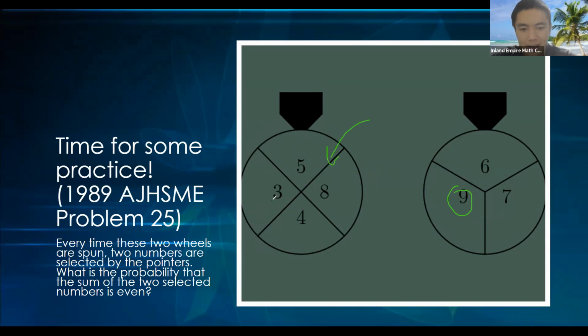There's a 1/2 chance that it's going to land on 3 or 5. But let's say that you didn't get 9. Let's say that you got 6, an even number. Now back to this first spinner. In order for the sum to be even, the number has to be 4 or 8. But that's just a probability of 1/2, right? So that means the probability is simply 1/2.